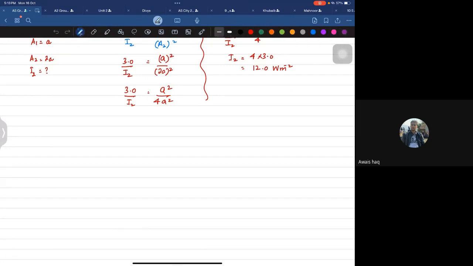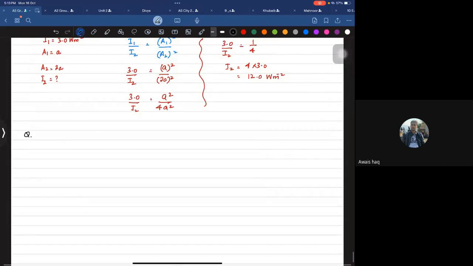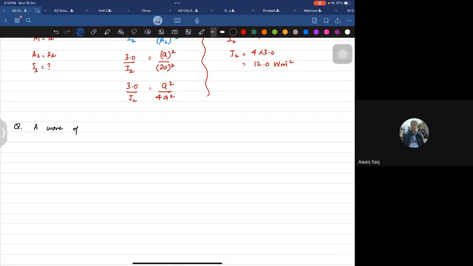In this sort of question, it says that a wave of amplitude 2 meter has intensity I. Now it says the intensity is reduced to half I. Draw the new wave. So they've given the old wave already.